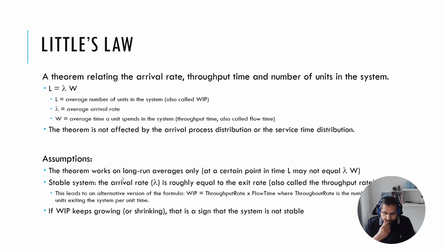That may mean that your arrival rate is changing, is either higher than the bottleneck capacity, and so your system can't keep up, or things like that, right? On average, the theorem holds, and the system has to be in a stable state.